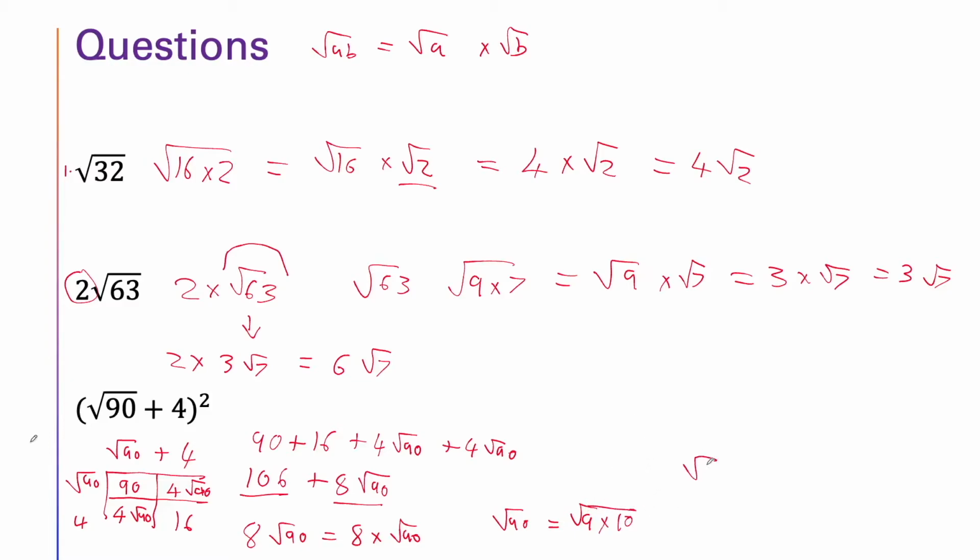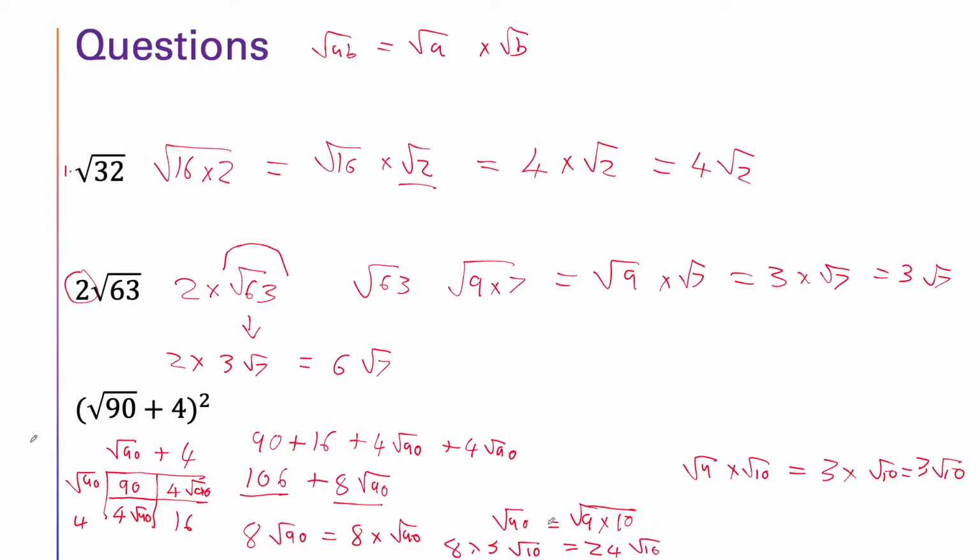So root 9 times root 10 can be written as 3 times root 10, as square root of 9 is 3, which is 3 root 10. So we found out that root 90 is 3 root 10. So 8 root 90 is 8 times 3 root 10. 8 times 3 root 10 is 24 root 10.